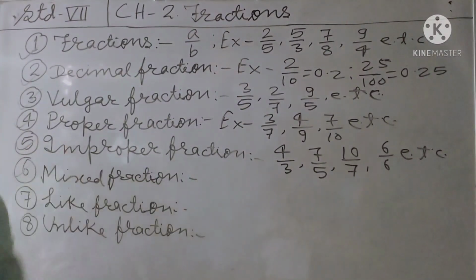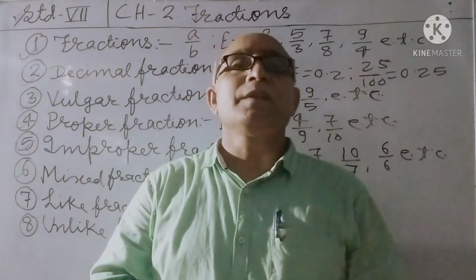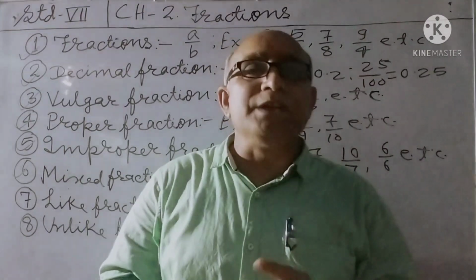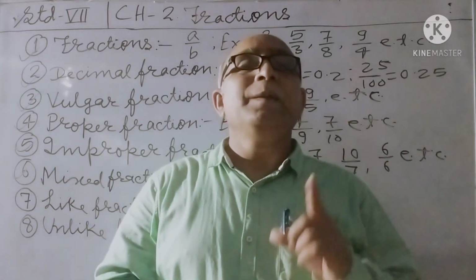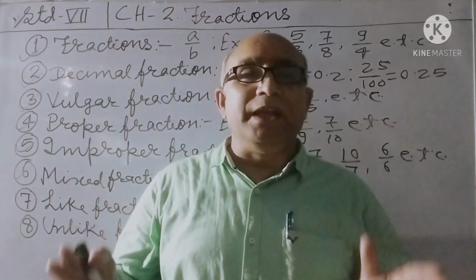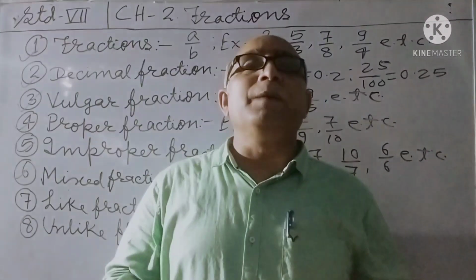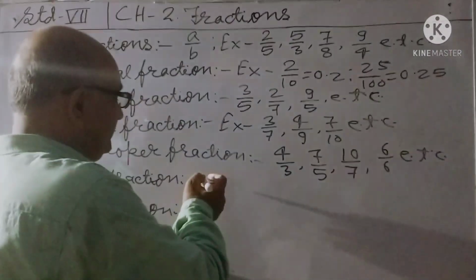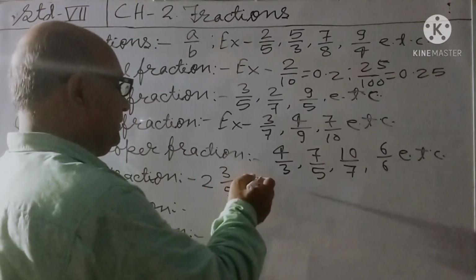Next, mixed fraction. A combination of a natural number and a proper fraction is called a mixed fraction. Such as 2 whole 3 by 5.